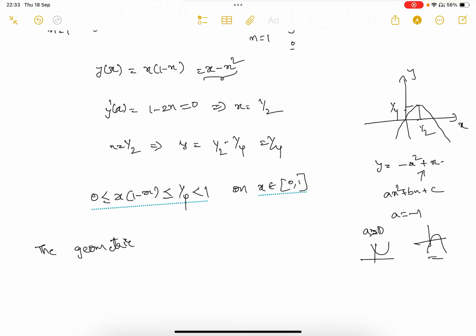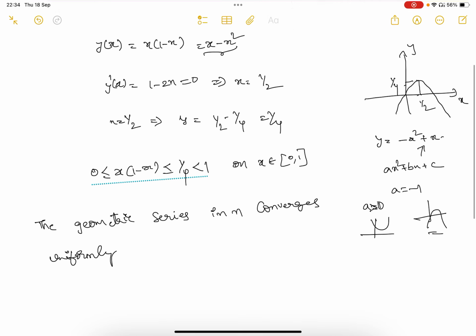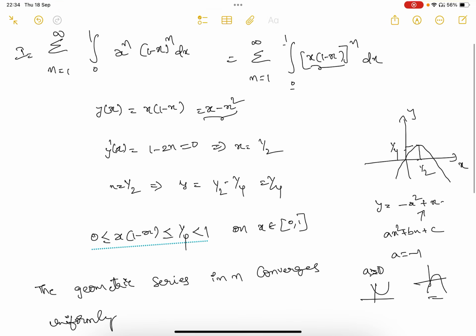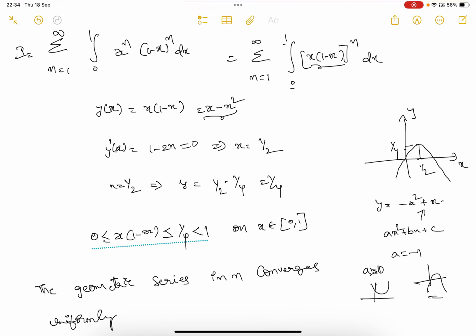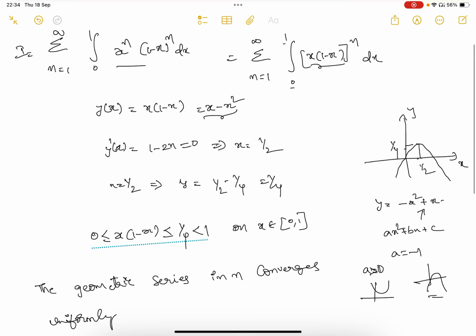So that is, you can say that this geometric series in n converges uniformly. As you can say, it's less than 1 by 4, and you're just integrating x power n into (1 minus x) whole power n, and we are doing the summation.